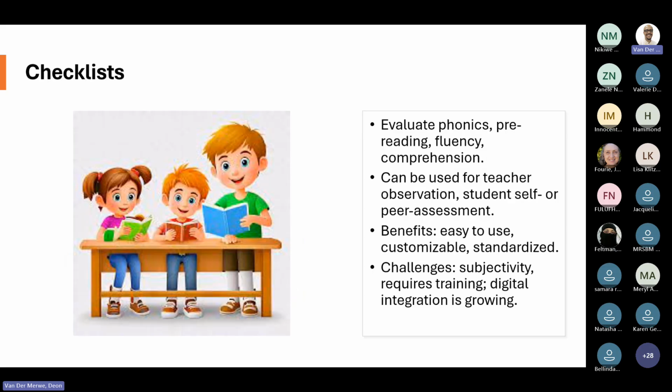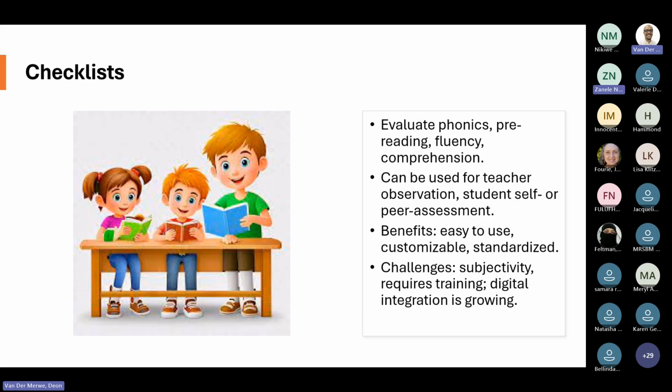And then also checklists, right? Which is quite a structured and simple evaluation approach because it's very straightforward, and it allows you as the assessor to just track various reading skills consistently over time.